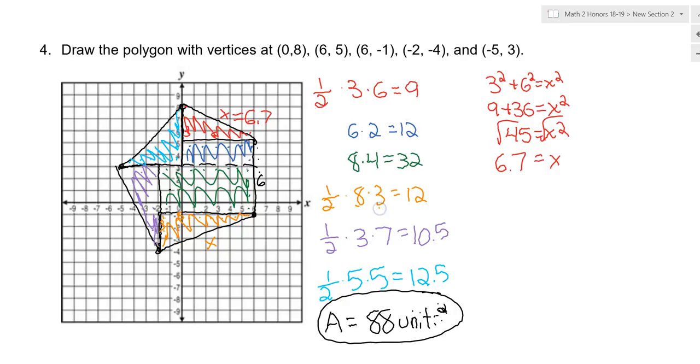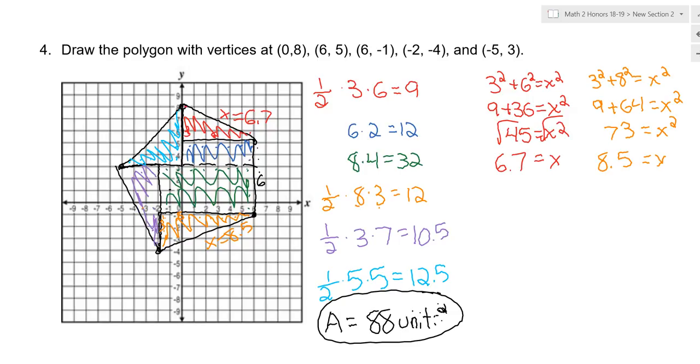Right, and I can also look at the work I did here. So 3 squared plus 8 squared. That's 9 plus 64. Add those, we get 73. That comes out to 8.5.